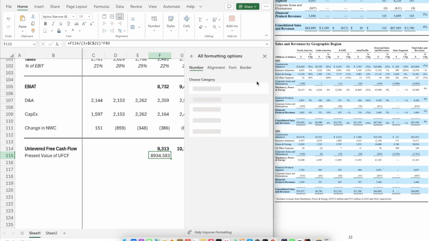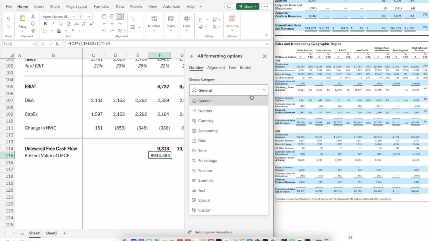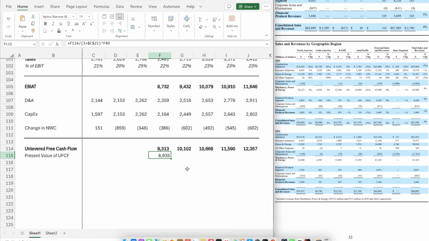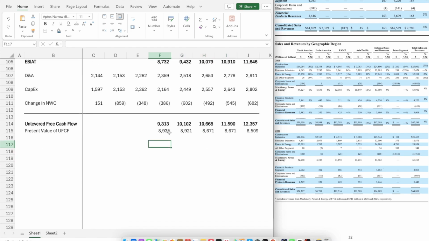Format it. And there we have it. So we've discounted our cash flows.